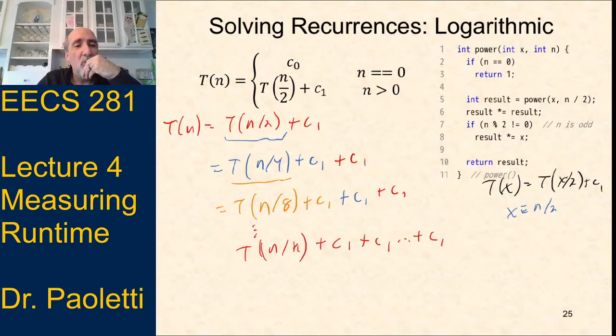Now, we want to get down to the point where we've got T of 0, right? T of 0 is our base case. Now let's say, or no, not T of n divided by k. Sorry, I haven't done one of these in a while. Not T of n divided by k, because k changes each time. K goes from 2 to 4 to 8.